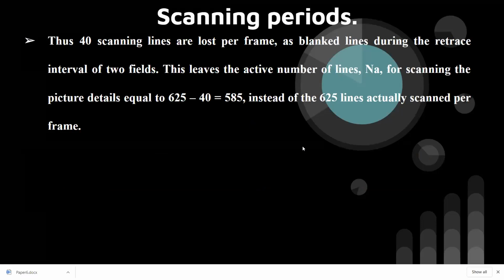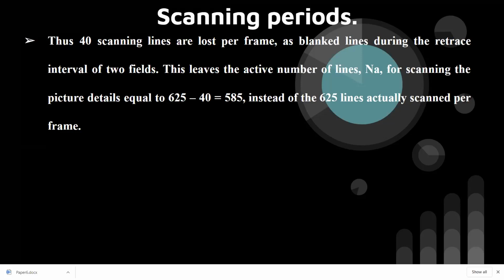So for our estimation, 40 scan lines are lost per frame. Clear? How can you justify this?